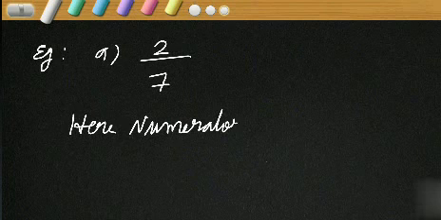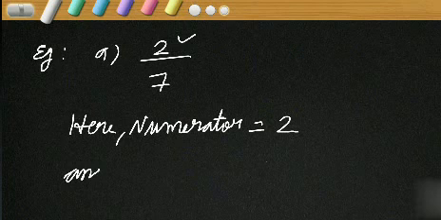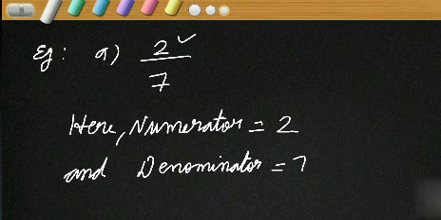What is the numerator here? The number written above is the numerator, so the numerator is 2. Which is the denominator? Denominator is equal to 7. 2 is the numerator and 7 is the denominator.